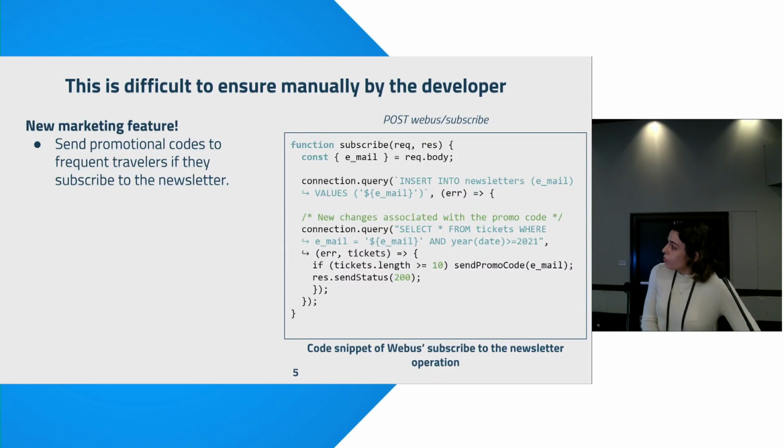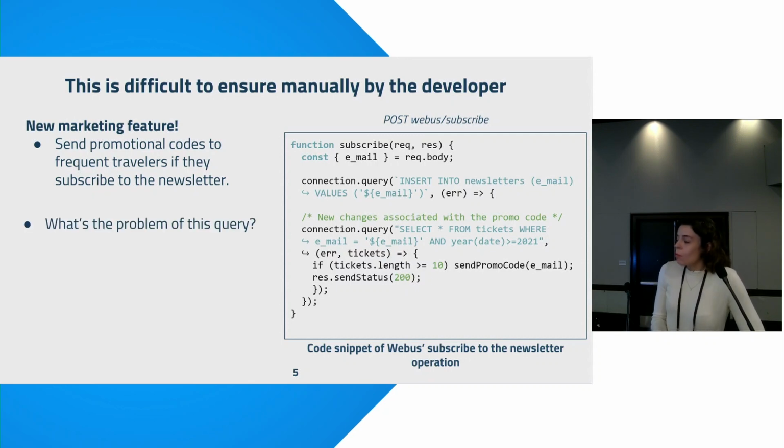To implement this new feature, you add a new database query that will check if the users have bought more than 10 tickets in the last year. So you'll check their ticket history, and if so, you will invoke the function that sends the promo code. This is pretty straightforward. What's the problem with this query?